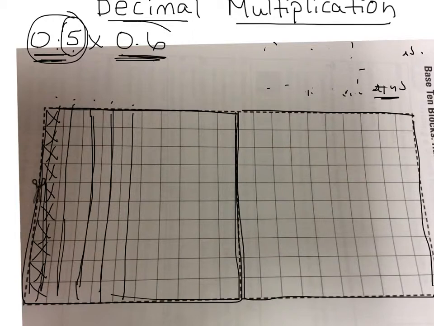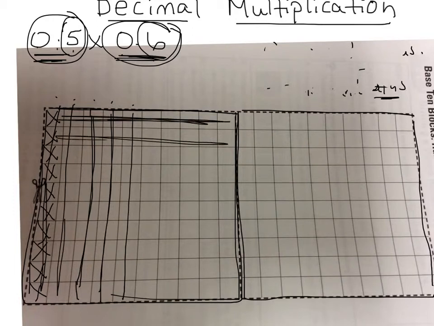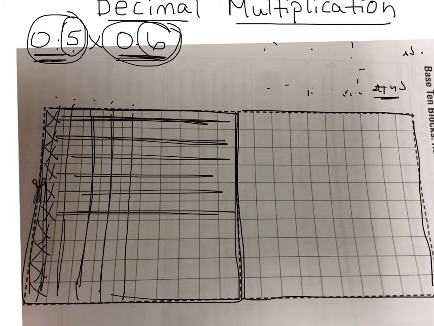And then, to attack this number here, 0 and 6/10, we're going to shade in, again, 6/10. But we're going to go the other way. We're going to go horizontally, across the top. So 1 section of 10, 2 sections of 10, 3, 4, 5, and 6 sections of 10.